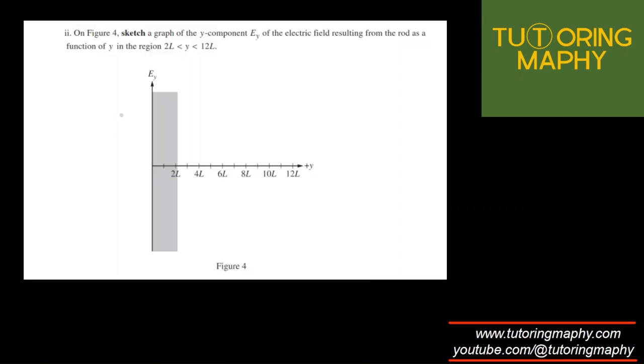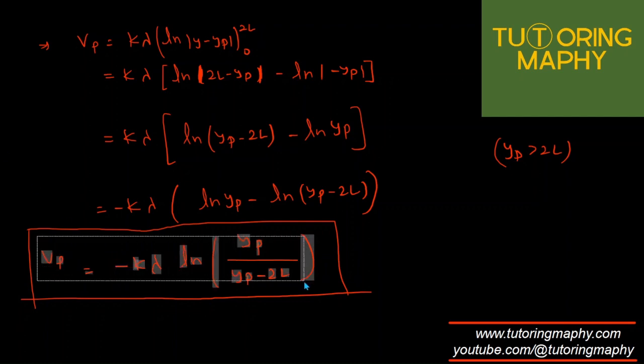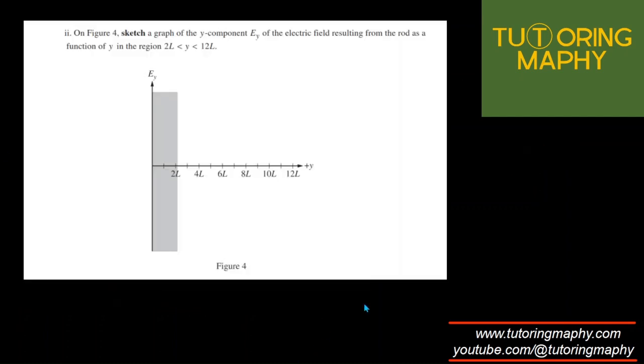Finally, they are asking us to sketch a graph of the y component of the electric field from the rod as a function of y. So we already have the potential, and we can easily find the electric field from the potential, right? Let me borrow this expression because that's going to be helpful.